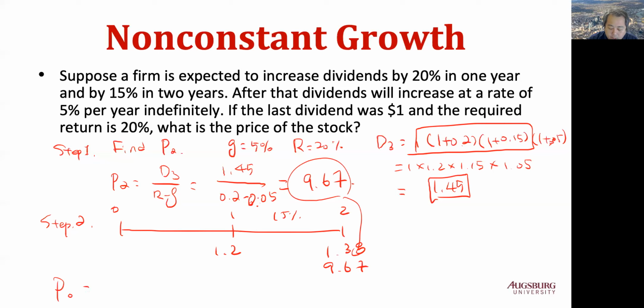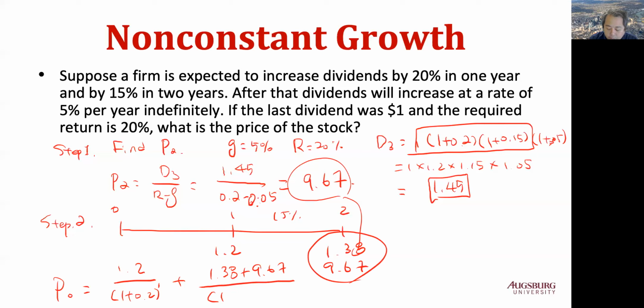So the price today will be 1.2, the dividend in year 1, divided by 1 plus 20%, plus 1.38 plus 9.67, that's the second year cash flow, divided by 1 plus 20% squared. So, the sum of the present values.